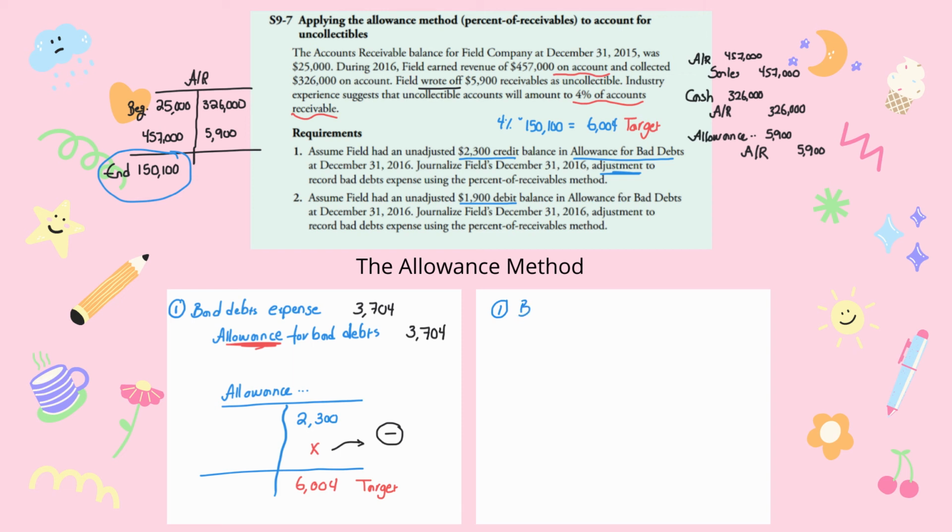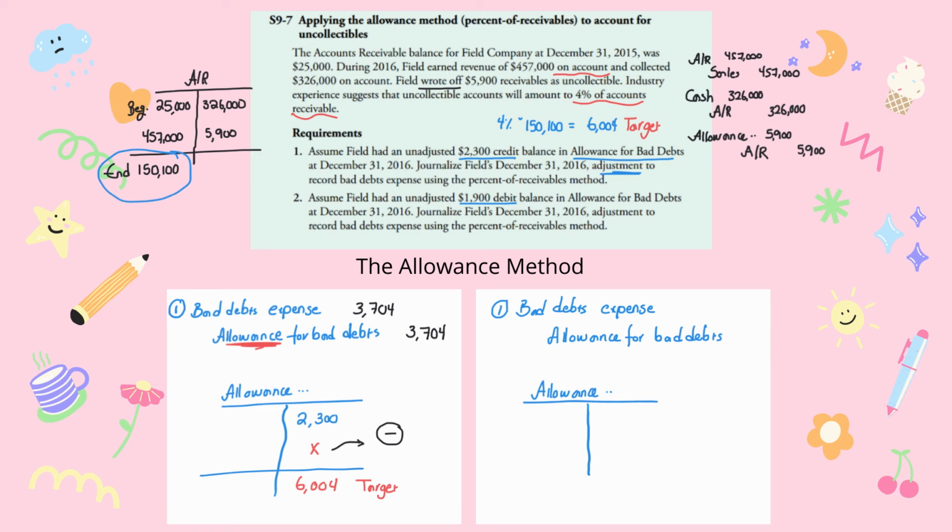It's going to be bad debt expense to allowance for bad debts. Again, to solve for X, I need to draw the T account for the allowance for bad debts.